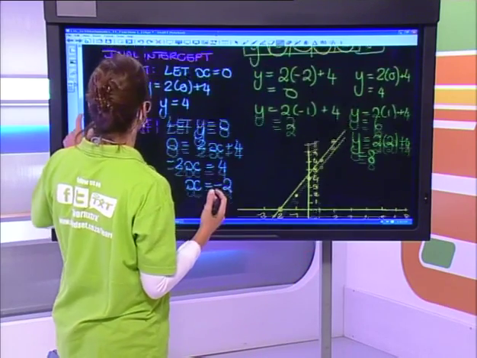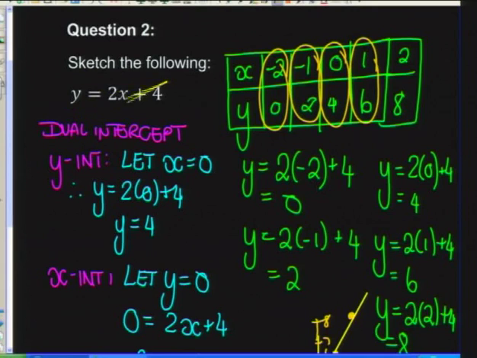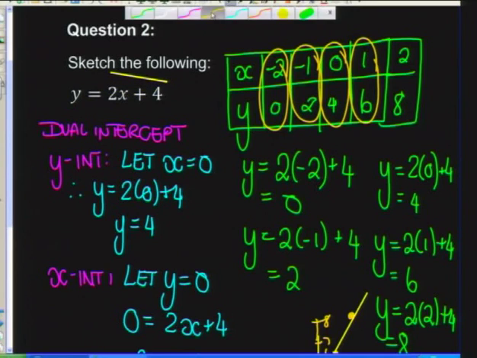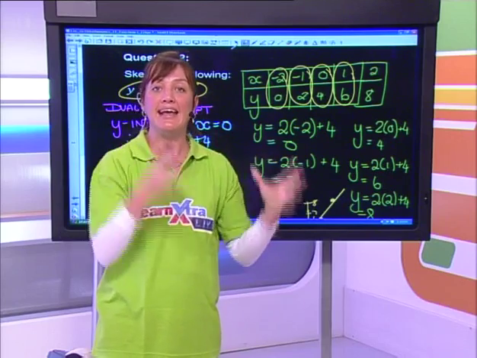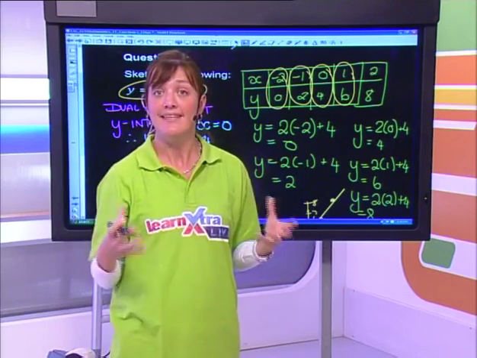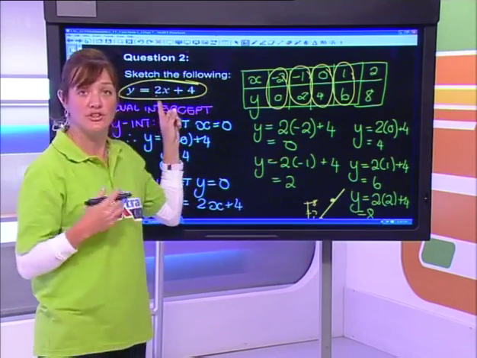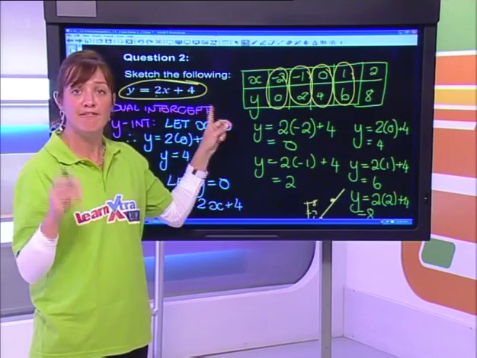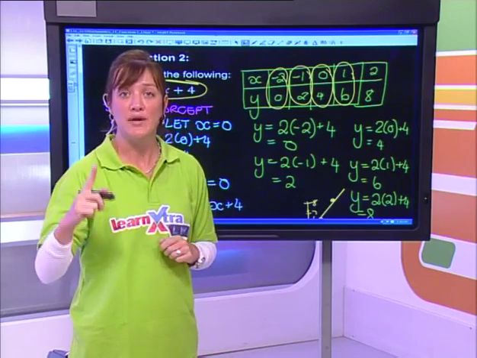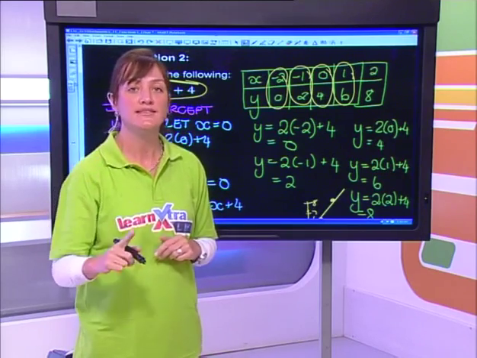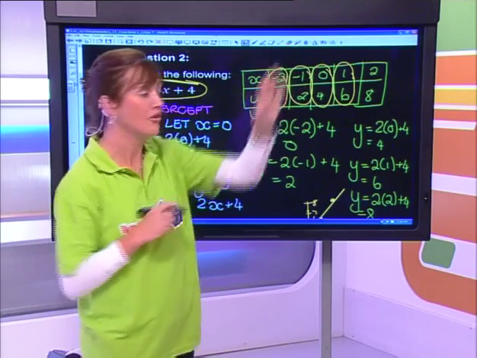Because if we go back to our original equation, did it fall into the standard equation of y equals ax plus q? Yes, it did. The a was 2, the q was 4. Let's test something quickly. Remember we said the a represented your gradient, and if your gradient was positive, it was a climbing graph.